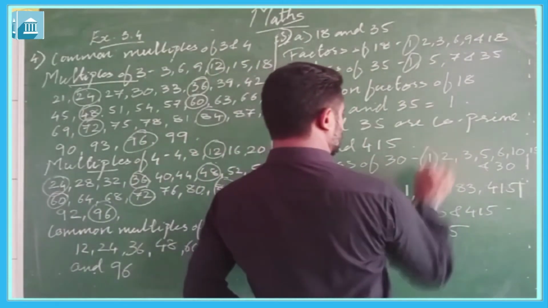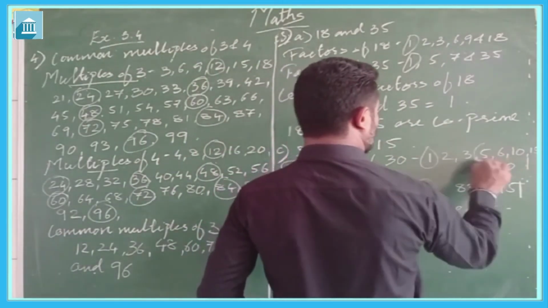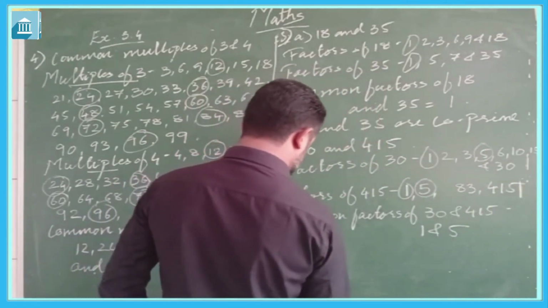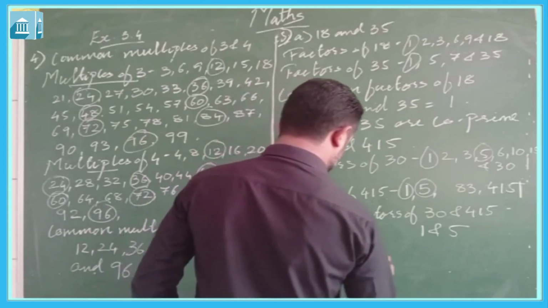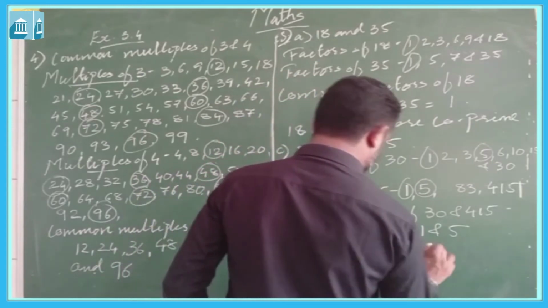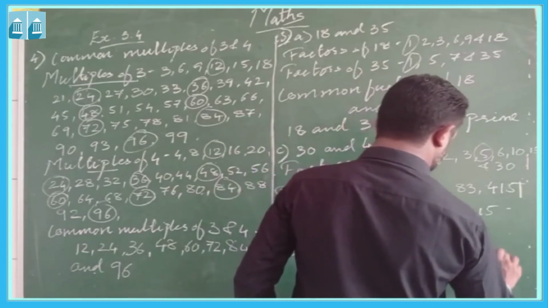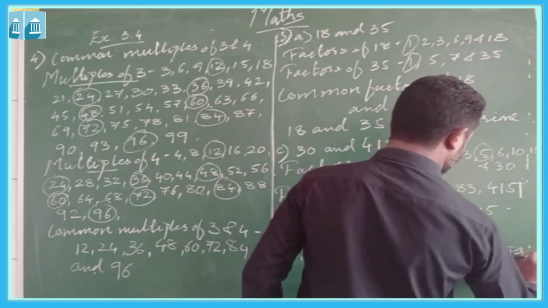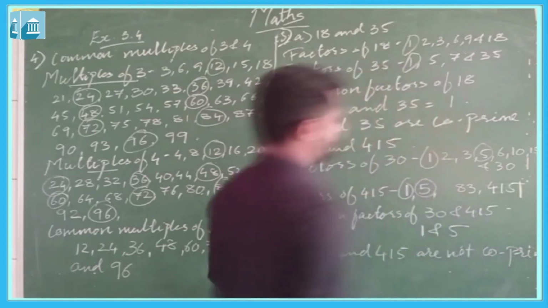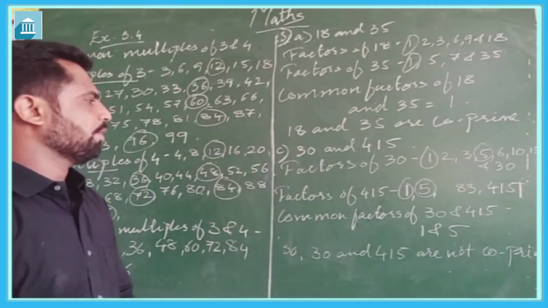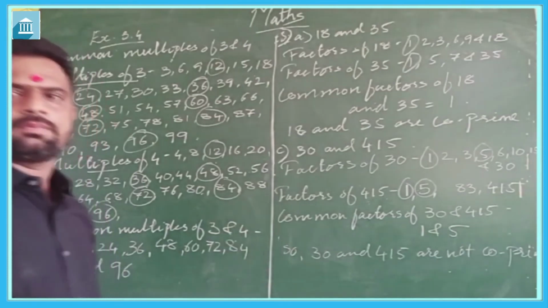Two common factors are there, 1 and 5. So we can say that 30 and 415 are not co-prime.